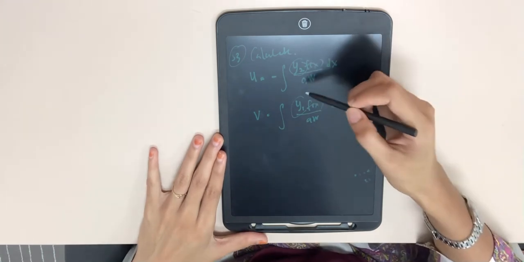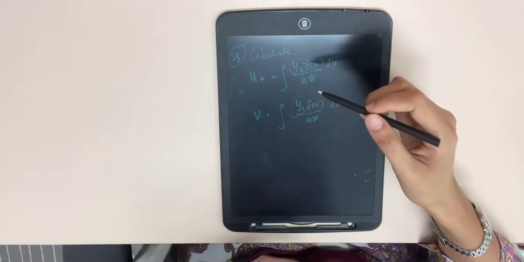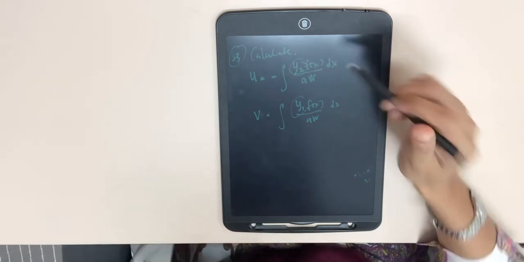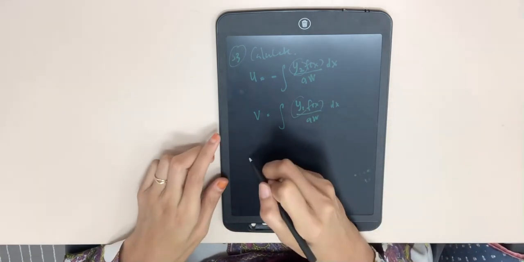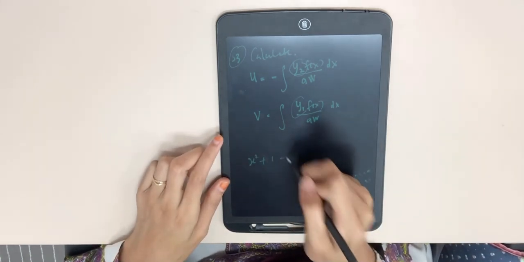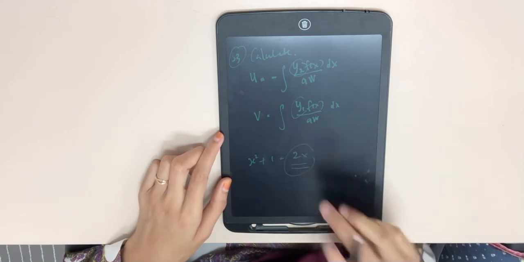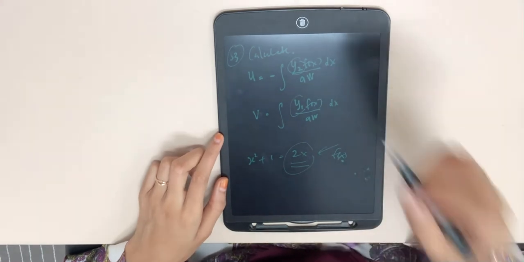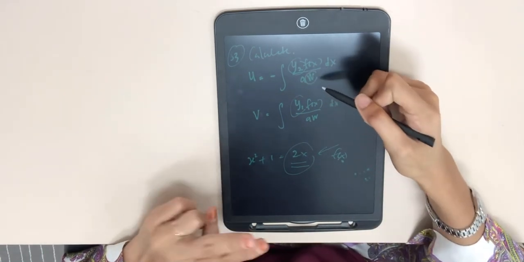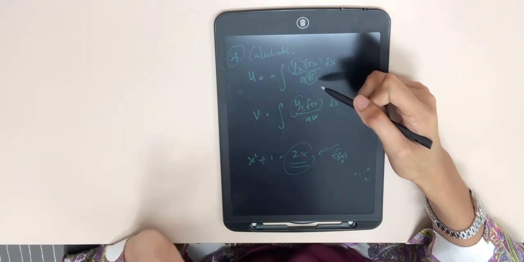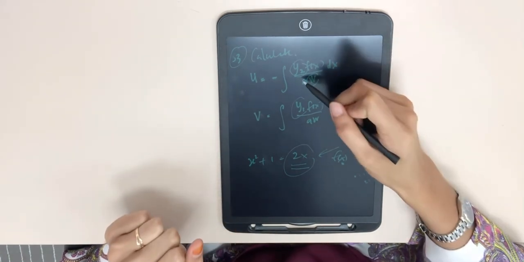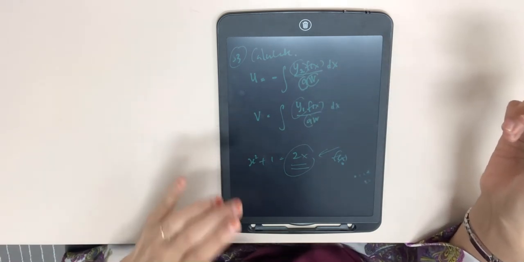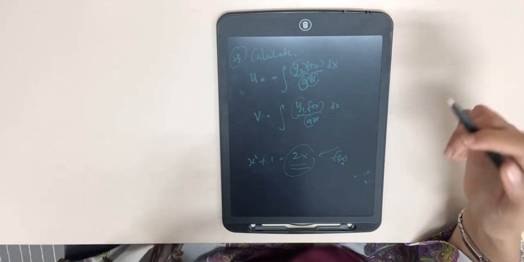Y2 and Y1 you get from your step 1. F(x) you get from the question. What is your f(x)? It is the right-hand side of the non-homogeneous equation, let's say x squared plus 1 equals 2x, so this is your f(x). W you get from step number 2, that's why you need to calculate carefully. And how about a? A is the coefficient in front of x squared.